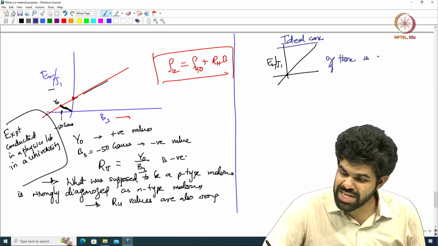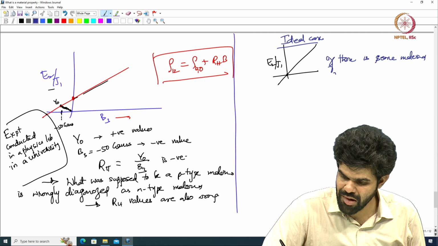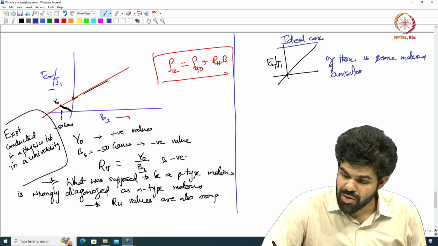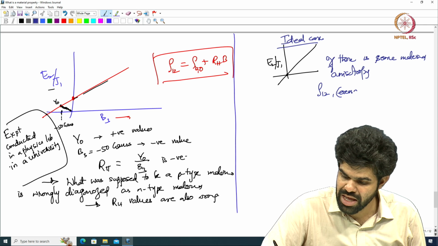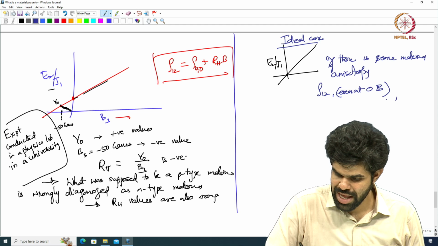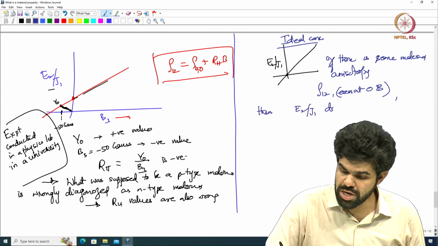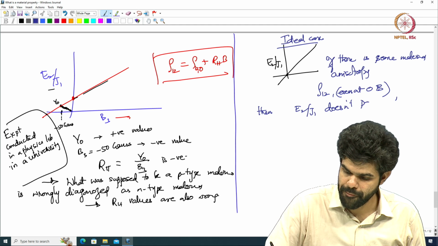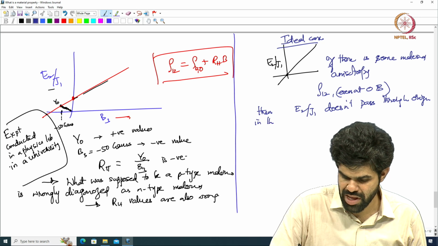But if there is some material anisotropy, which means I have rho 12 even at 0 magnetic field, then E2 by J1 does not pass through the origin in the above curve.